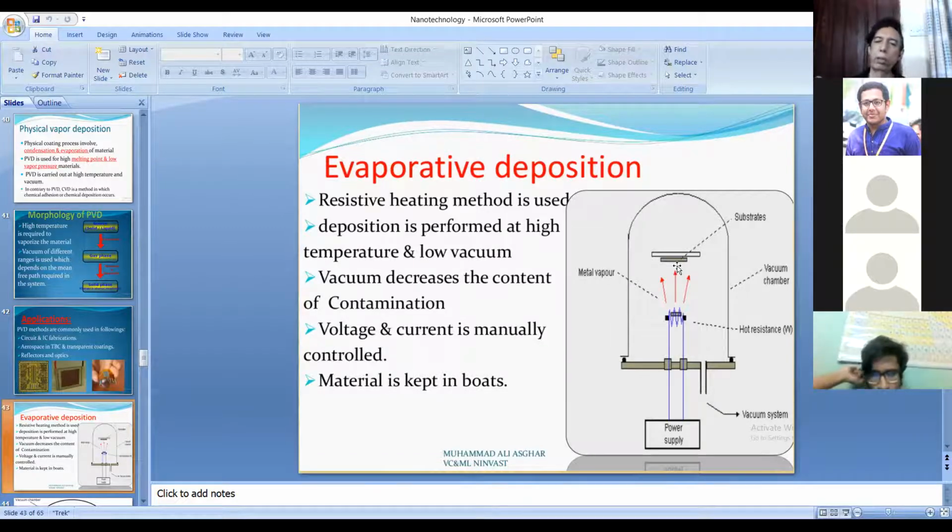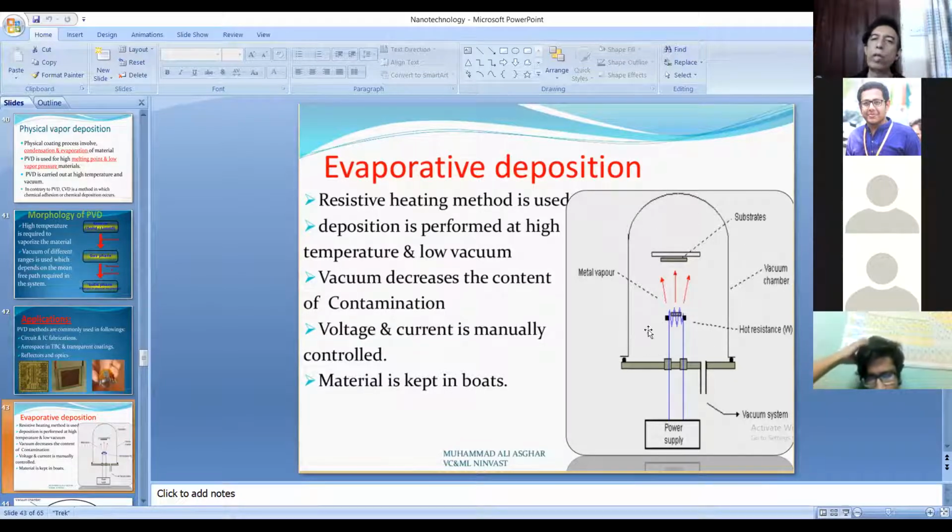First thing, you require a vacuum here. Vacuum means you have to remove all the air from this instrument.